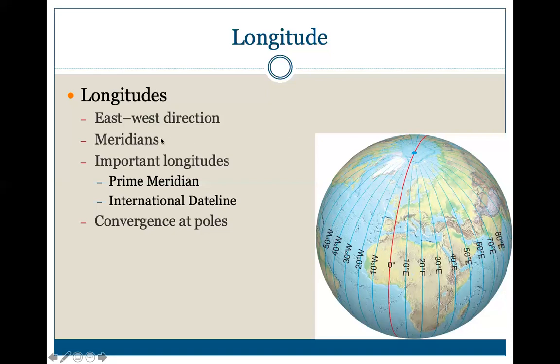The term meridian is just like we said for latitude. If you want to refer to the whole line of latitude, it's a parallel. And for longitude, if you would like to refer to one line of longitude, it's what they would call a meridian because you're referring to the whole line of it.